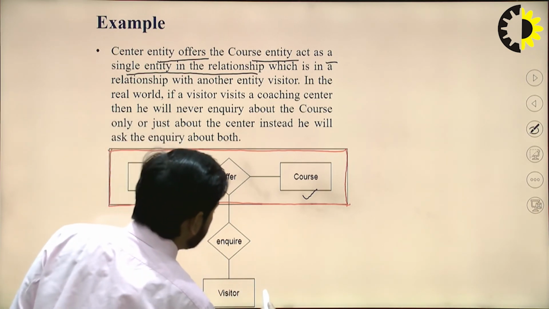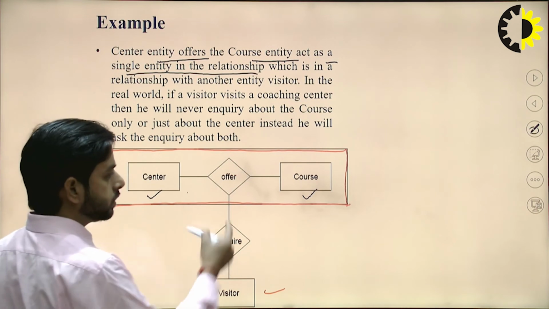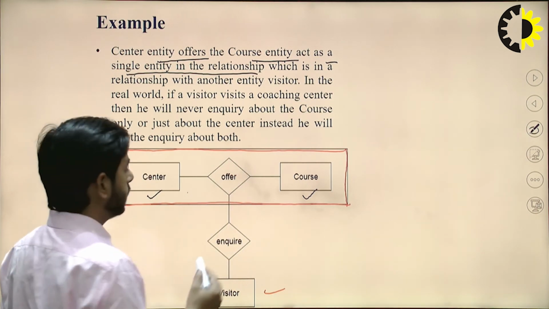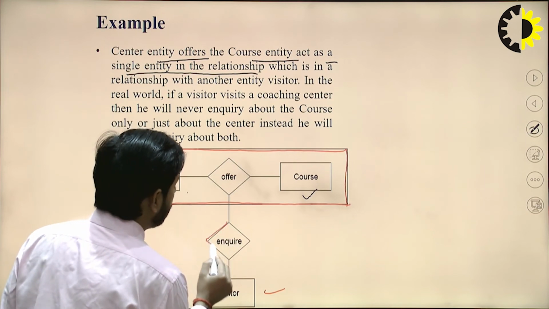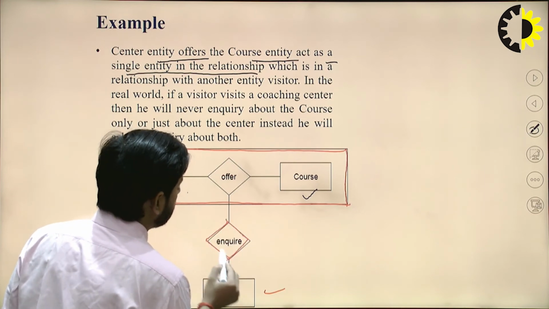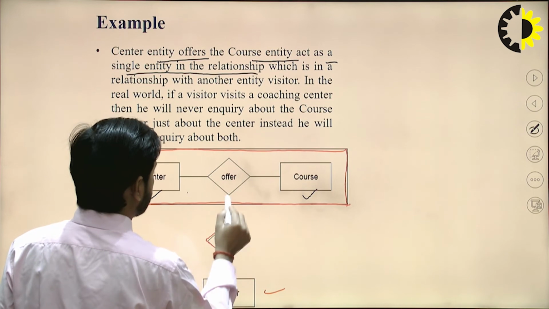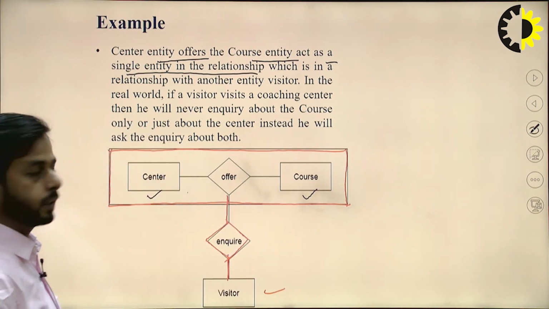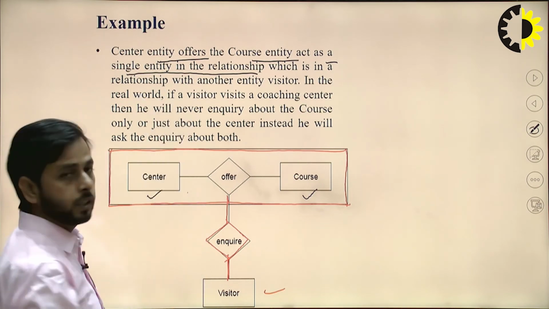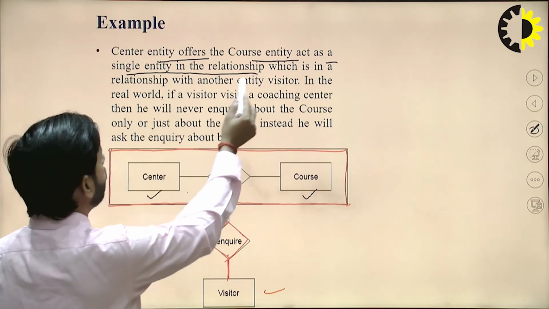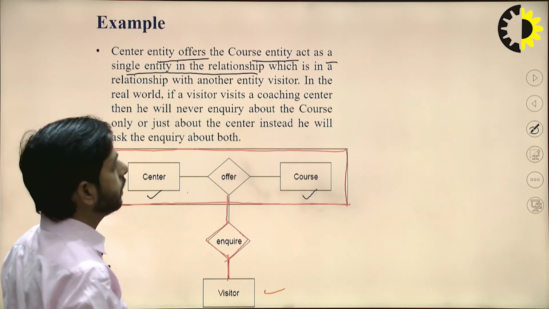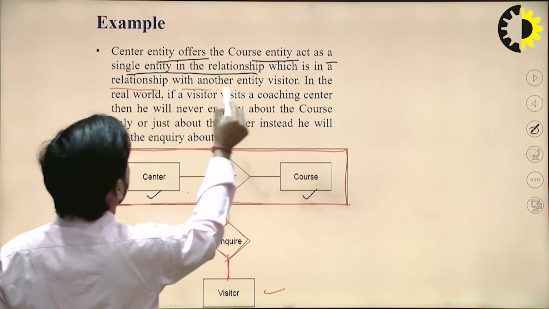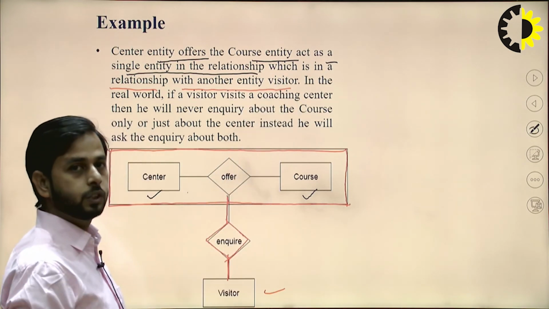Now the visitor entity treats these two aggregated entities as a single entity, and it is related with this entity through inquiry. So these two relationships are related like this. Here the center entity offering the course entity acts as a single entity in a relationship with another entity, visitor.